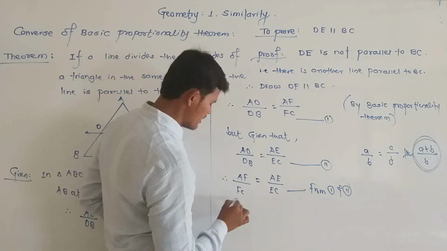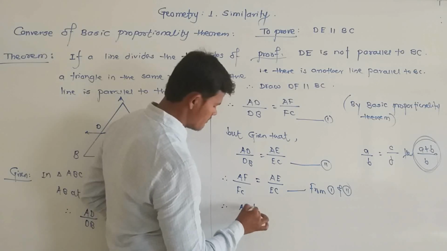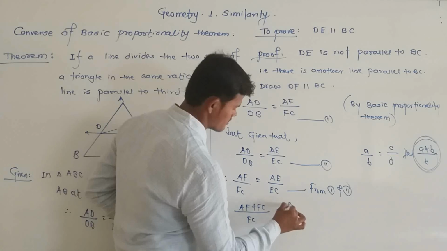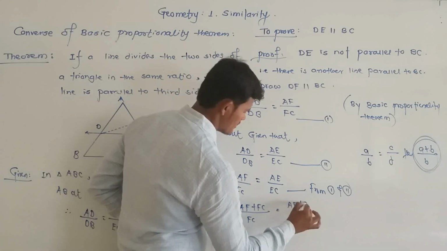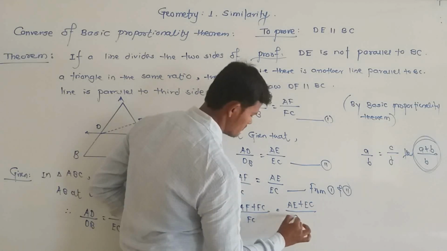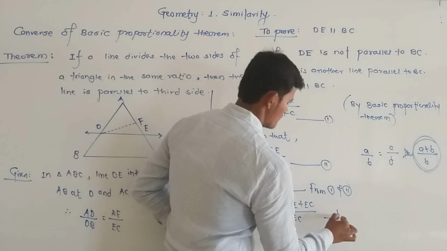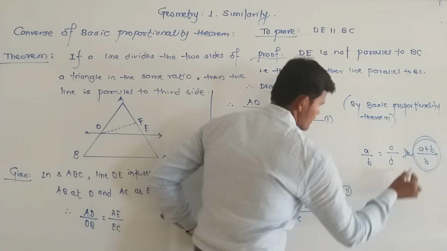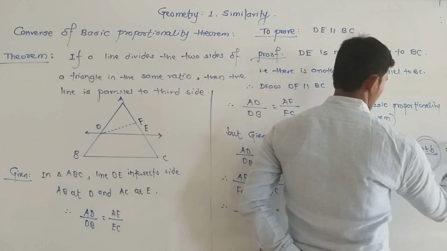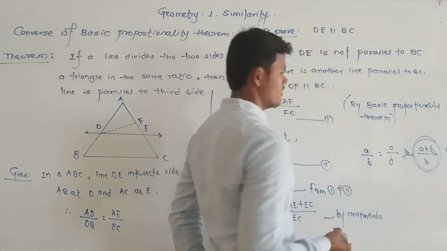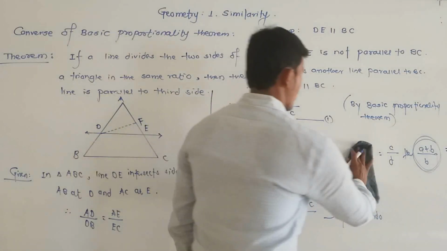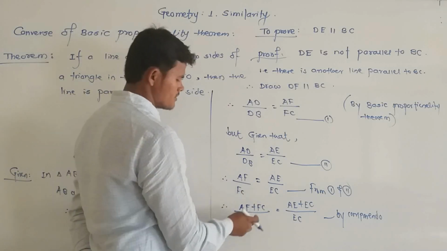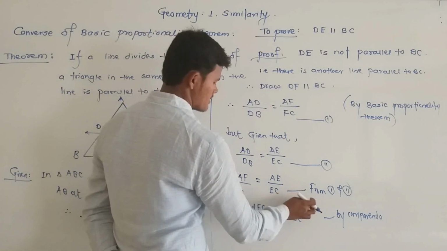So here we get AF plus FC upon FC is equal to AE plus EC upon EC by componendo.